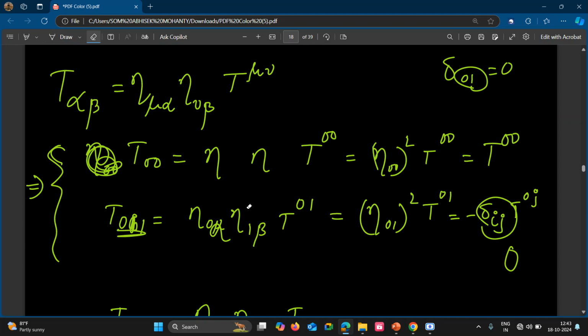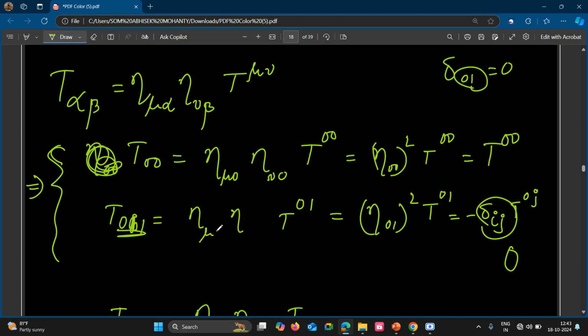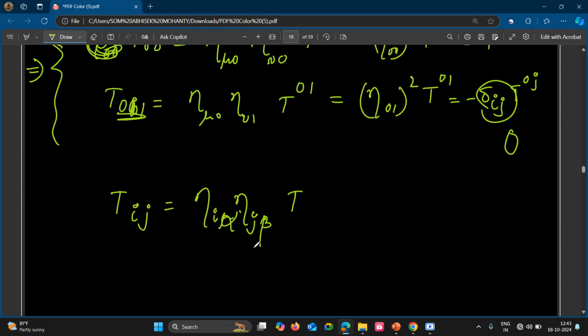The first time I had written it correctly. This is like alpha beta, like mu 0, mu 0, mu 0, mu 1. Yeah, that will be all right. Or 1 mu, the other way also you can write. So this one will be I alpha j beta. Sorry again.